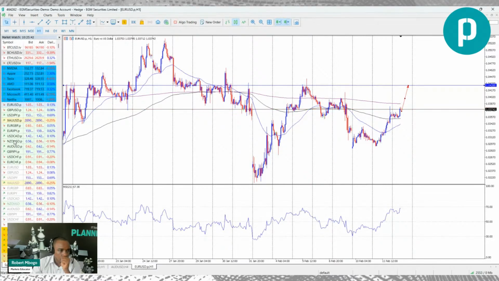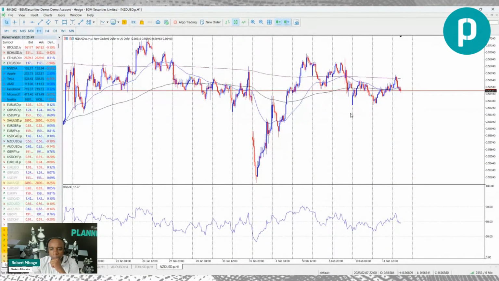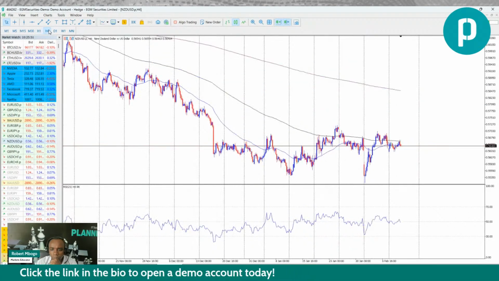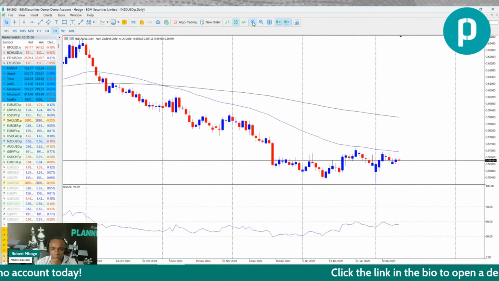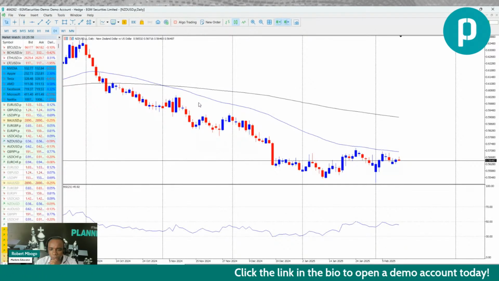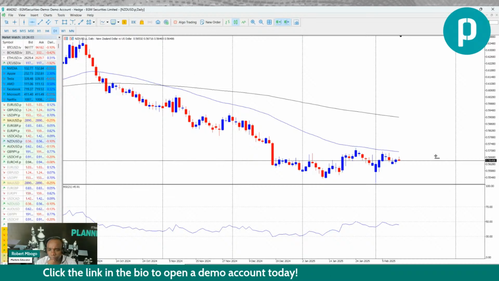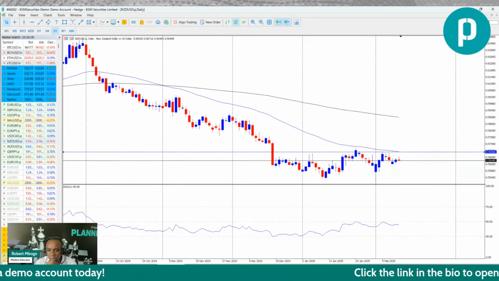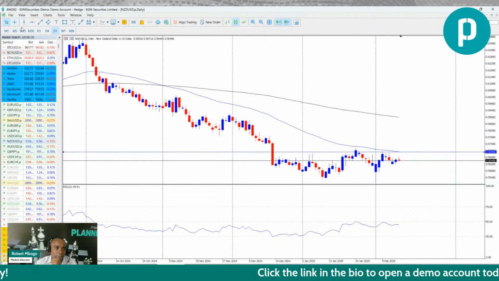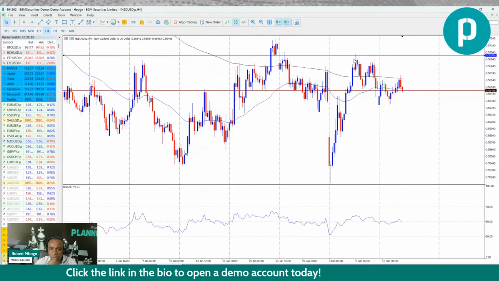NZD USD. So this one, I will still want to look at a bullish move also to test the monthly high, which was the highest price in the month of April, which is this high.